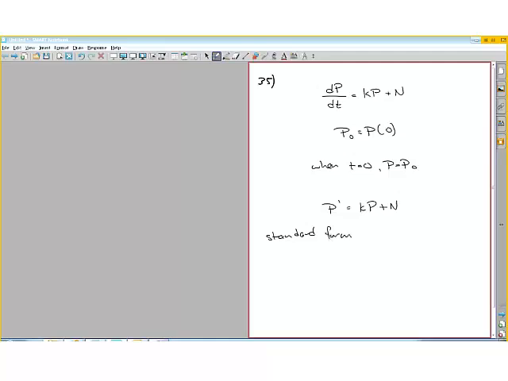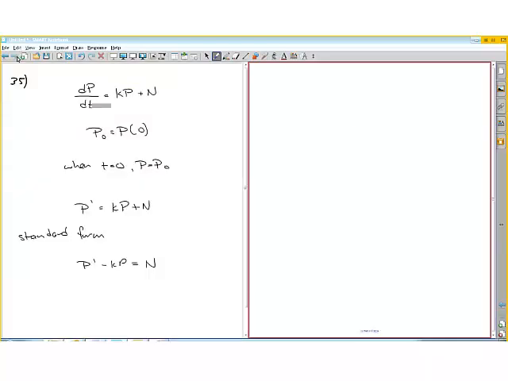At this point, the rest of it is just math. So standard form would say P prime minus k times P is equal to N. It's standard form because this is a 1. We have P and P prime. We don't have P squared or P prime squared. So that means it's linear. We only have P prime, which means it's first order. So that means we can use the integrating factor approach.